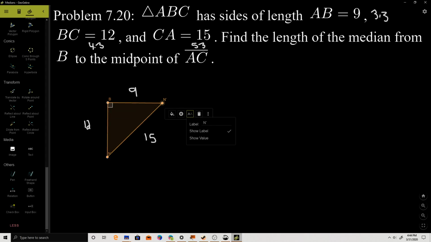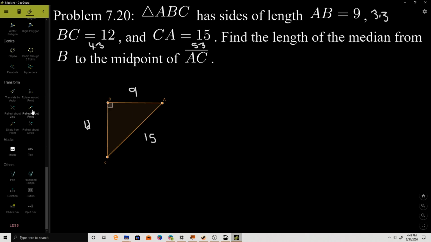So AB is 9, so this one has to be A. And this one, therefore, is C. Okay. So, we want to find the length of the median from B to the midpoint of AC.